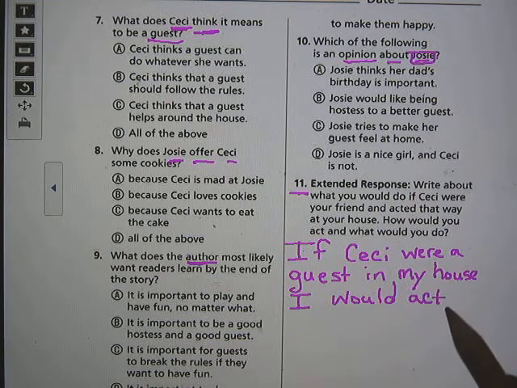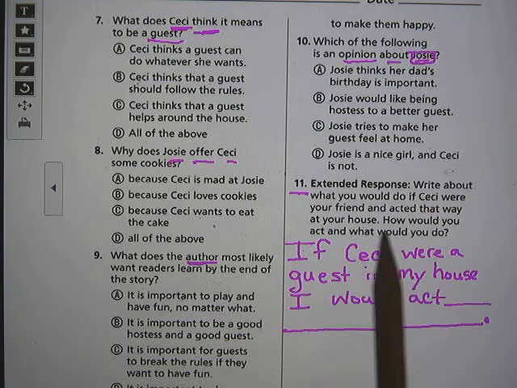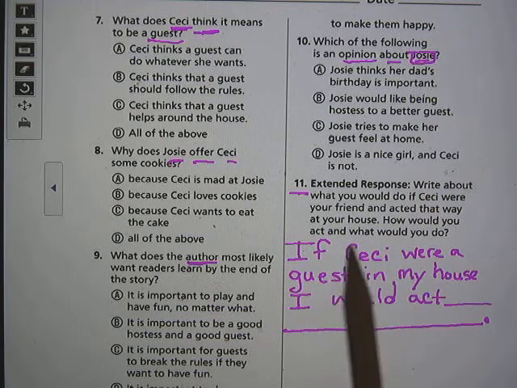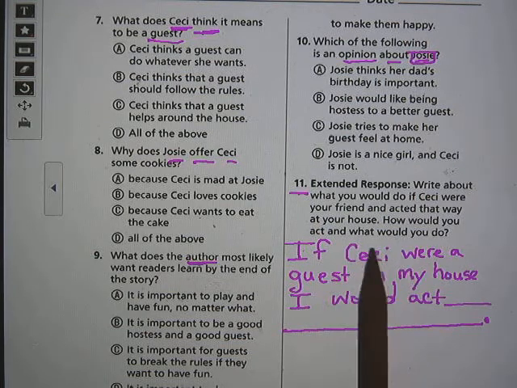How would you act? Would you be rude? Would you be angry? Would you be polite? Would you still be a good hostess? And then how would you act and what would you do? So I would act, maybe you would say kindly, politely, whatever you would do. And then what would you do?